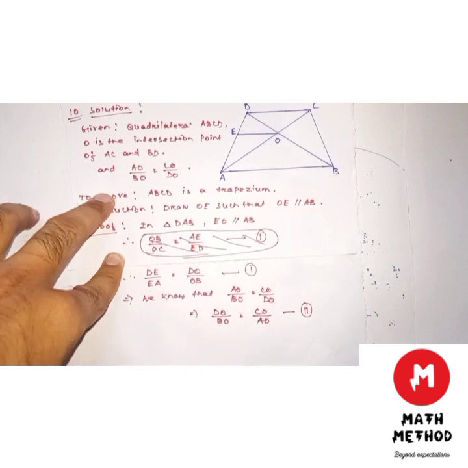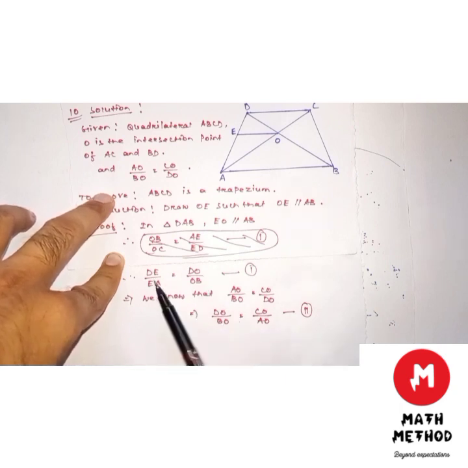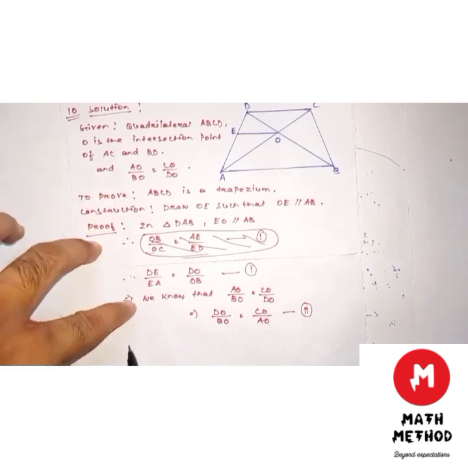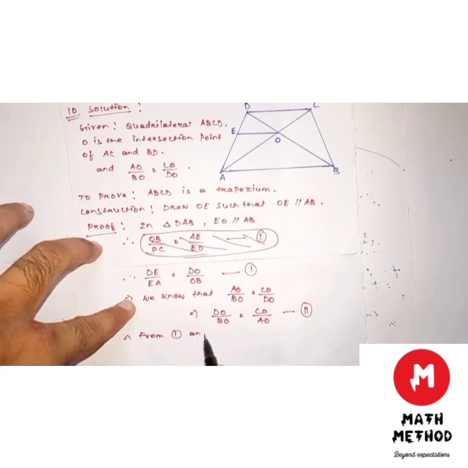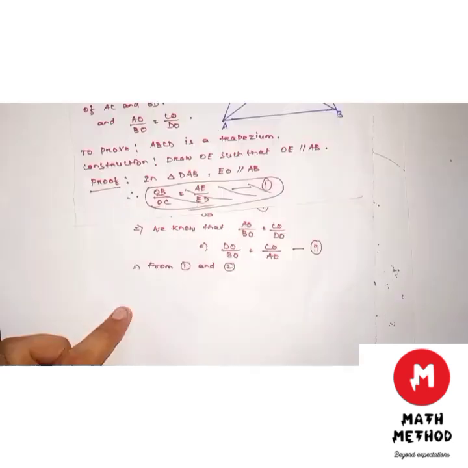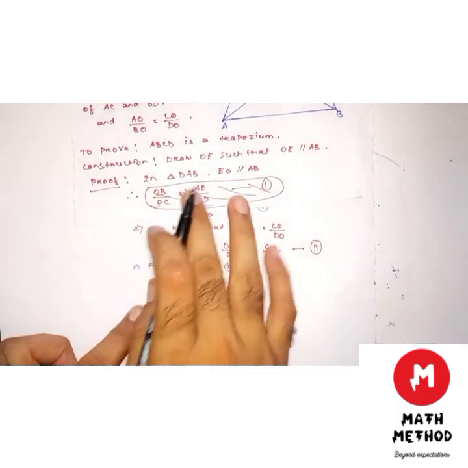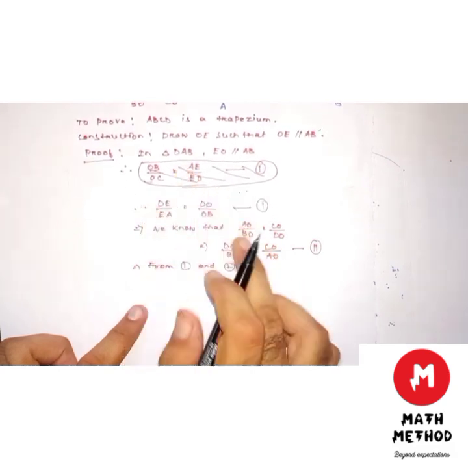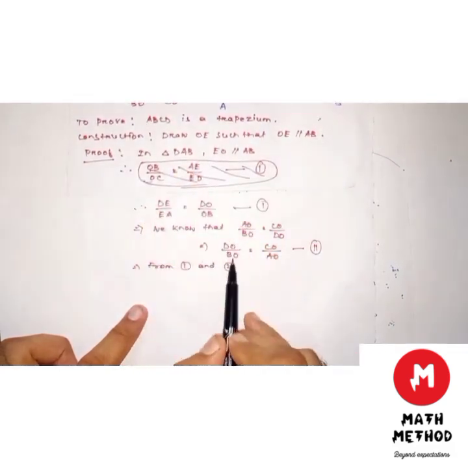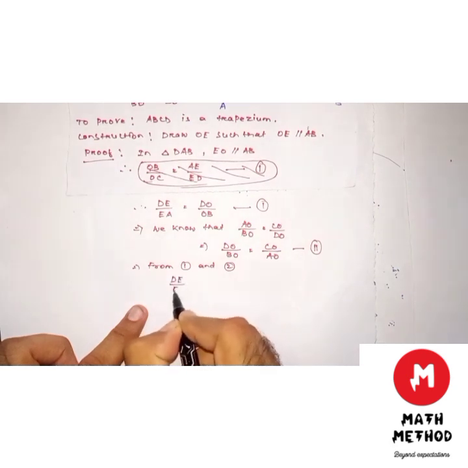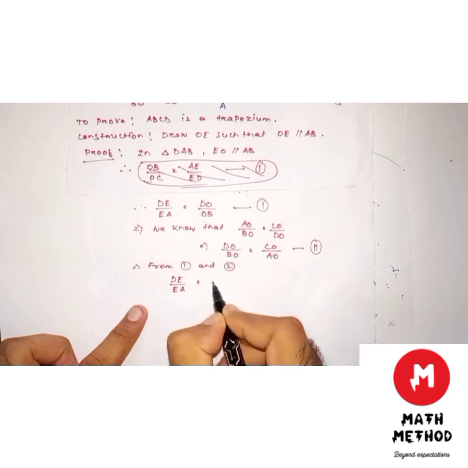From equations 1 and 2, DO by OB is equal to DE by EA, and DO by BO is equal to CO by AO. Implies from 1 and 2 we got DE upon EA is equal to CO upon AO.